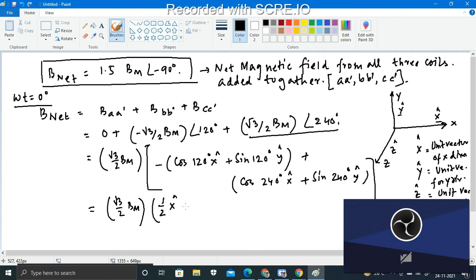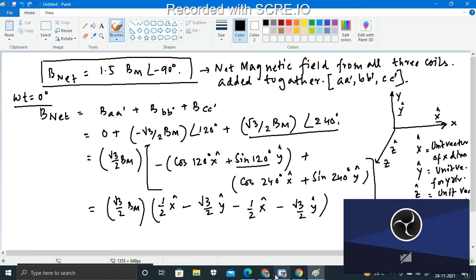Yes, so minus minus plus, then plus minus minus sin 120 degree, the value of sin 120 degree is root 3 by 2 y bar, minus of cos 240, which is minus half, again x bar, plus plus sin 120 degree is minus, sin 240 is minus root 3 by 2, that is equal to y bar.